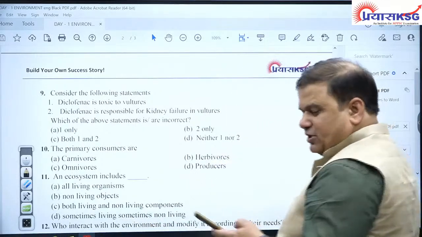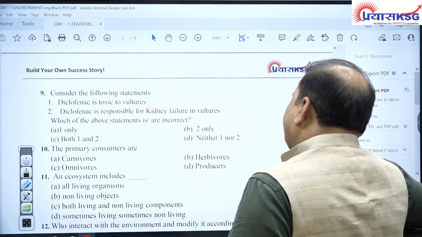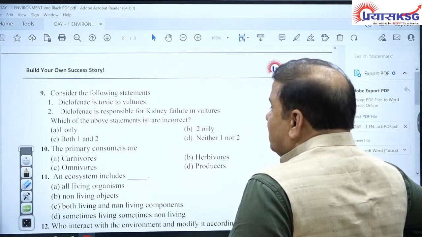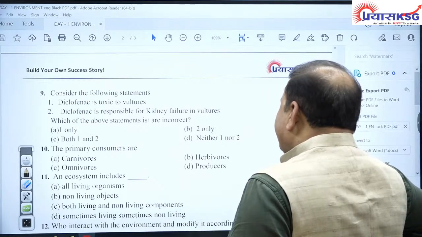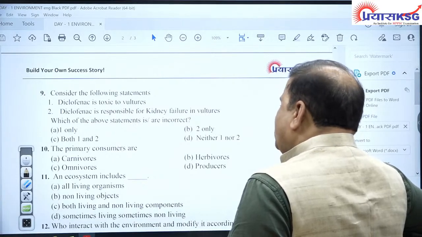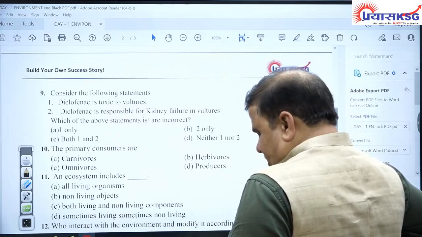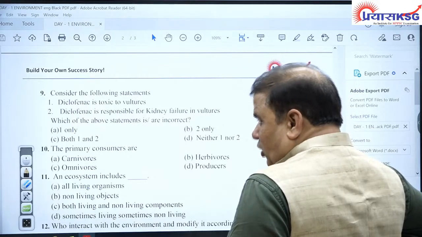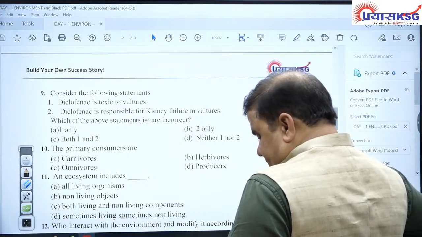Diclofenac is responsible for kidney failure among vulture. Which one of the statements is incorrect? Both are correct. So nothing, neither one nor two, because both are correct. The primary consumers are who? Herbivore would be the primary consumer. Why? Because they are responsible for feeding on the primary producers, autotrophs, grasses, plants, etc.